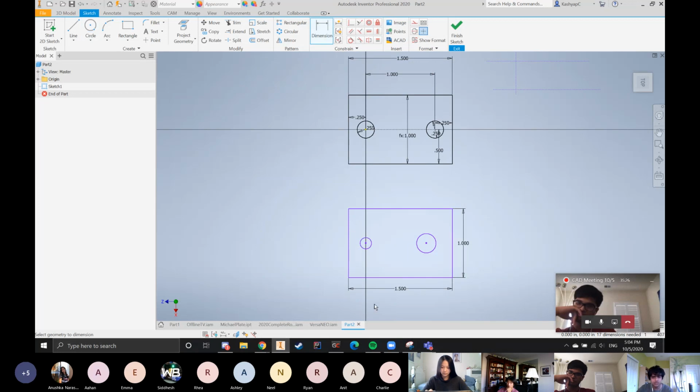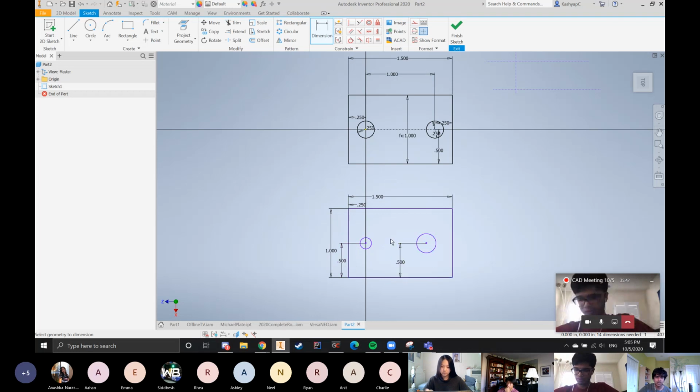So let's choose the bottom left corner, for example. So from the bottom left corner, I'm going to say this one's 0.25, right? And then it's 0.5. And this one's also 0.5 from the bottom left corner. From the bottom left corner, this one's 1.25. Or I guess I'm going to make it 2.5.